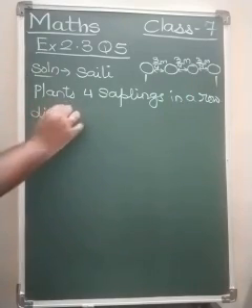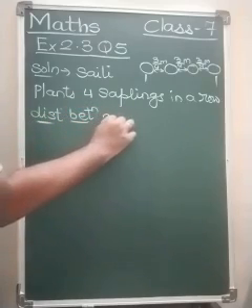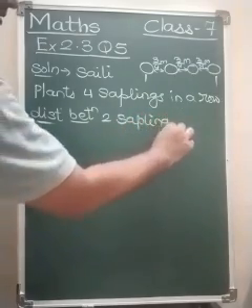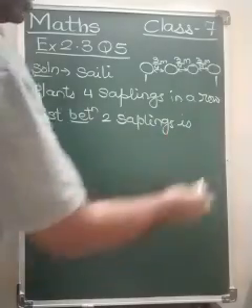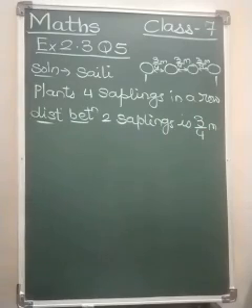Distance between 2 saplings is 3 upon 4 meters. The distance between 2 saplings is 3 upon 4 meters.